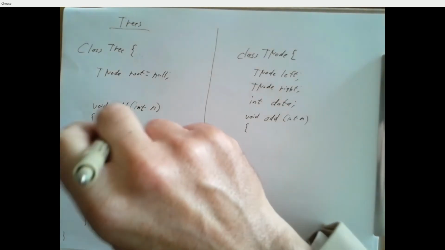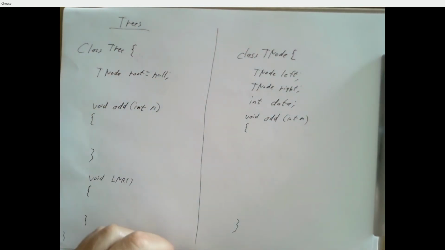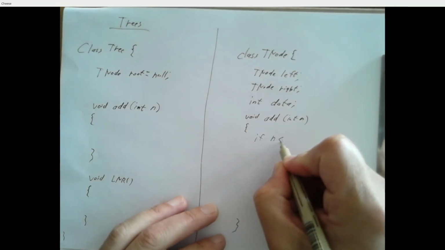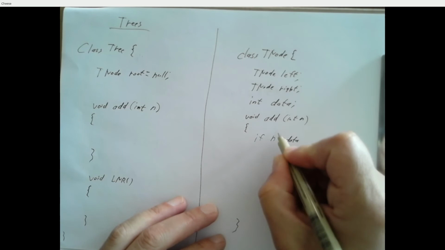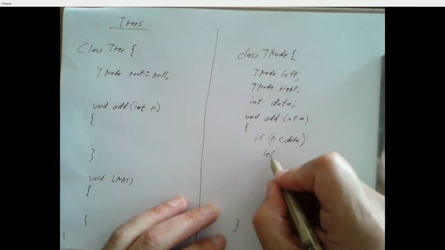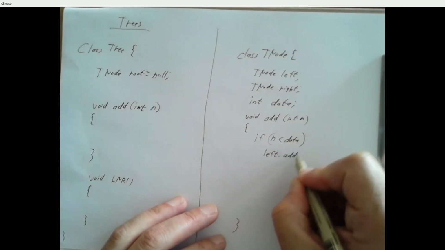So we'll deal with the empty case over here in the tree class's add. So all we have to do is say something like, if n is less than data, and then we can say left.add(n).